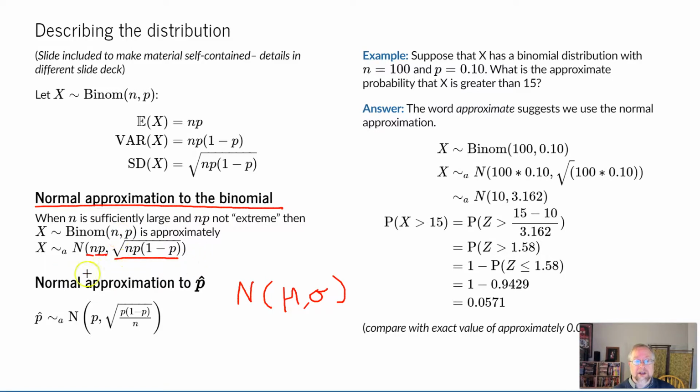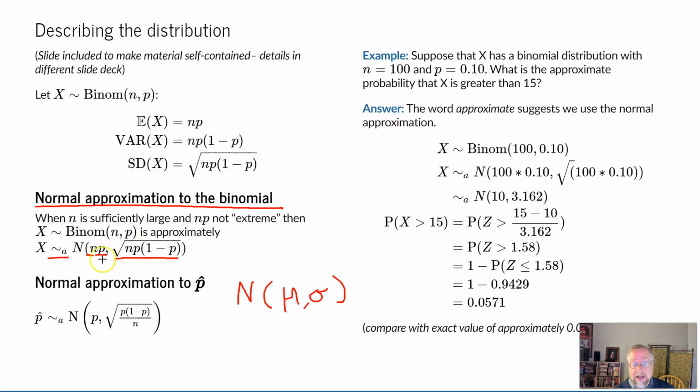Those plug into the normal distribution. The tilde means has the distribution, and the a means approximate. So if x is binomially distributed with parameters n and p, then x is approximately normal.